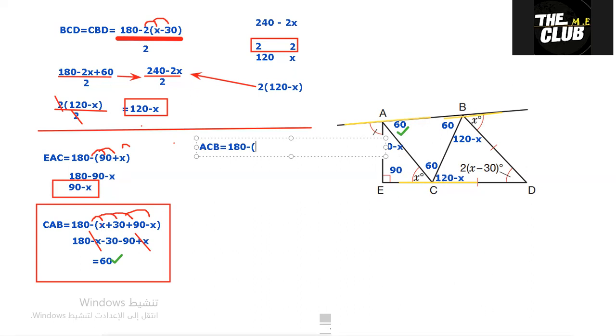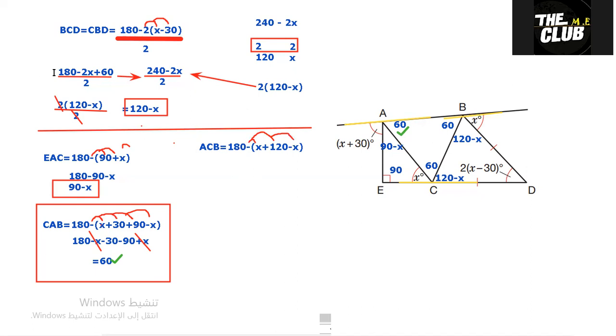So it will be minus open bracket x plus 120 minus x, and then close bracket. Same idea, I'm going to simplify by expanding the negative outside the bracket. Focus on expanding the negative because it's important and it can get confusing.